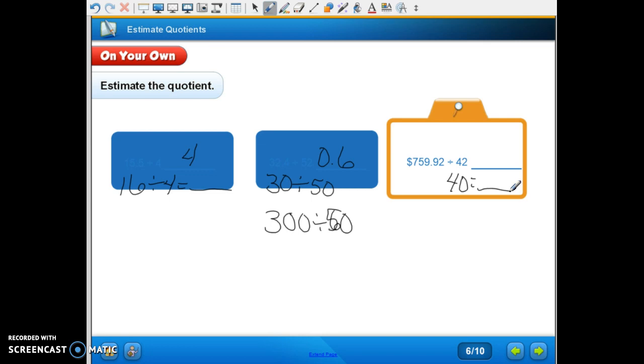Okay, 2 40s in 8. What are we going to round 759 to? 800. Equals 20. So there are about 20, or 759 and 92 hundredths divided by 42 is about $20.